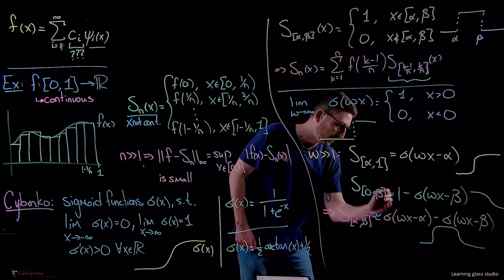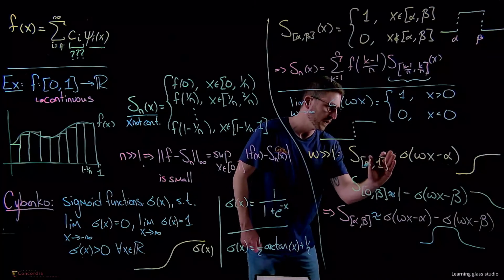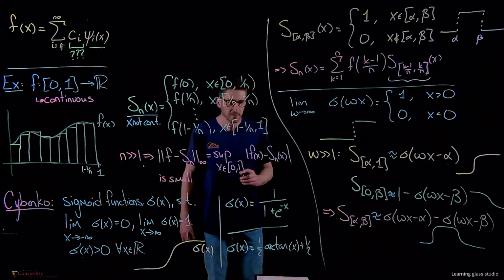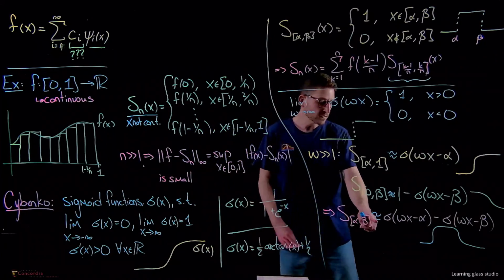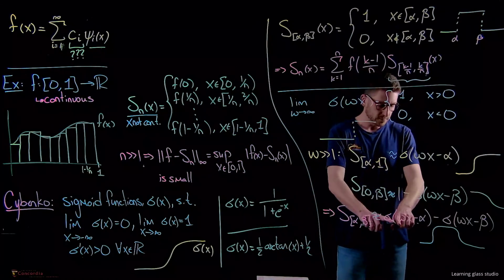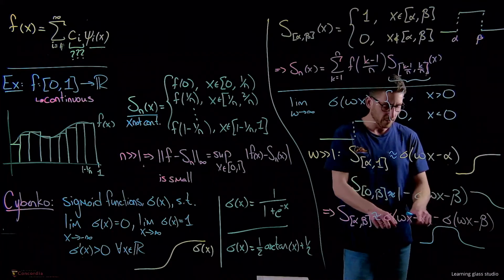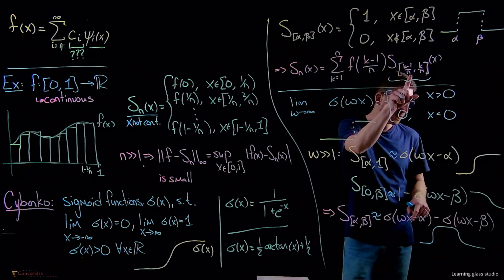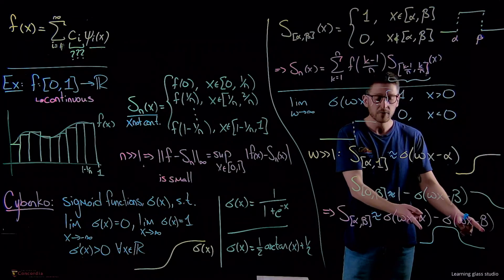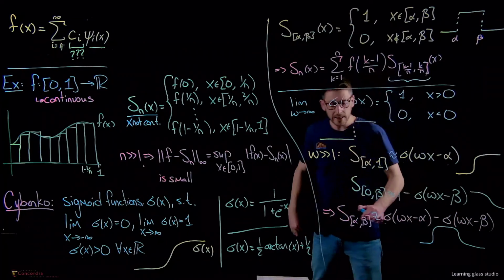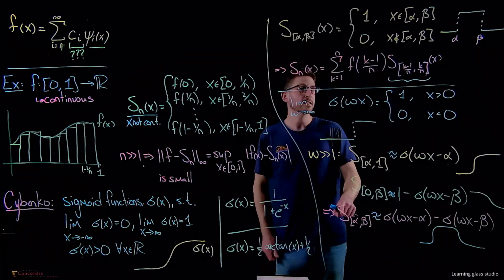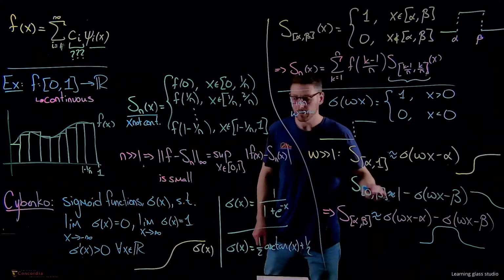Maybe I should be a little bit more careful here. These are approximations. The bigger w is, the better this approximation is. But that means that if I replace each one of these things by a step up minus a step down, using potentially different w's to get better approximations depending on where you are, and different alphas and betas, I can approximate every single one of these steps using these sigmoid functions.